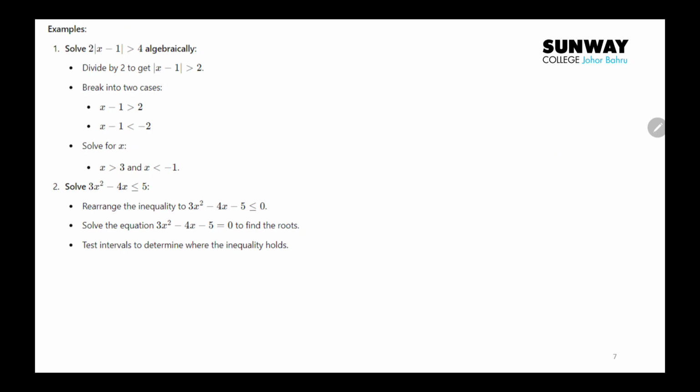if we would like to solve absolute functions in the context of inequality, this is how it can be done. First of all, you will try to simplify it. So you get |x minus 1| bigger than 2. Then you're going to break it into two cases.